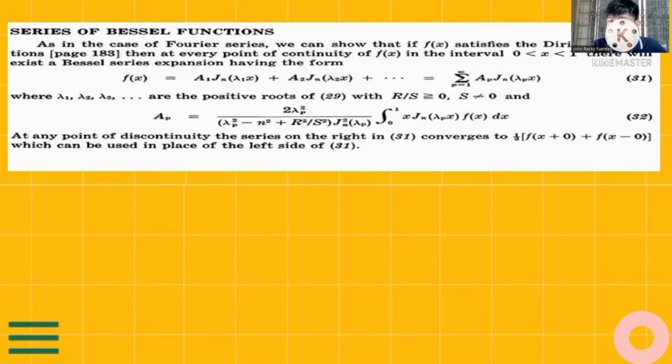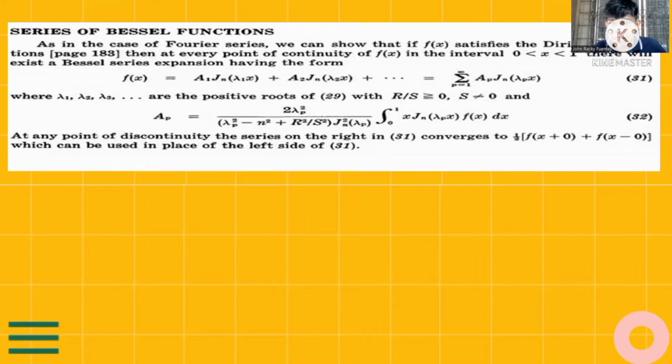Is equals to the summation from d is equals to 1 to infinity of a sub d j sub n lambda sub d x, where lambda 1, lambda 2, lambda 3, lambda 4, and many more, are the positive roots of yung kanina, yung sa 29, in which r over s is greater than 0.